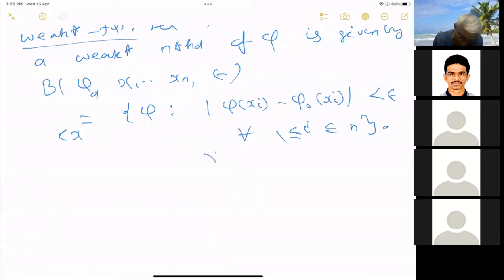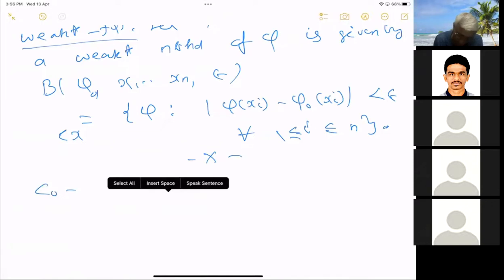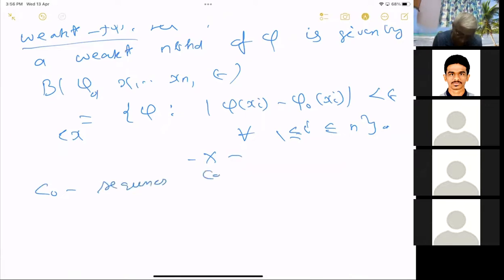C0 is the space of all sequences converging to zero. And L1 is, of course, the absolutely summable sequences.